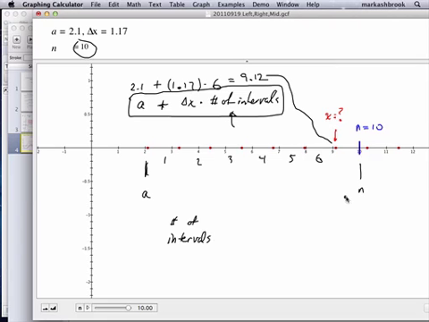Okay. Excellent. So n minus a gives us what? Doesn't n minus a give us this whole distance from our point to the starting point? Okay, so that's n minus a. If we want to know how many intervals there are, how are we going to get the number of intervals that n minus a is made up of? We're cutting it up into intervals of size what?